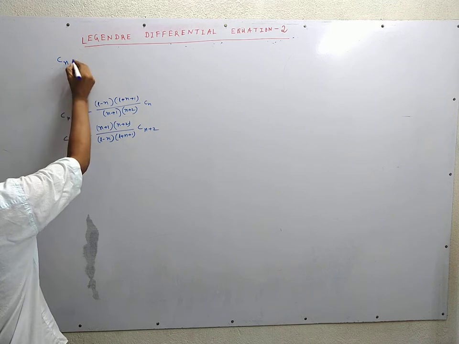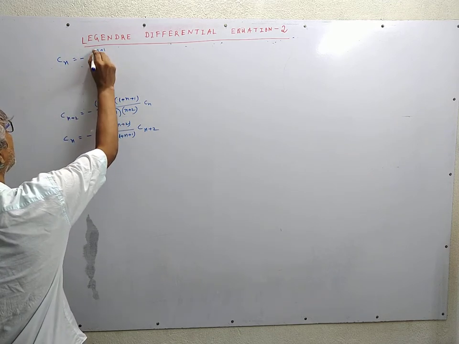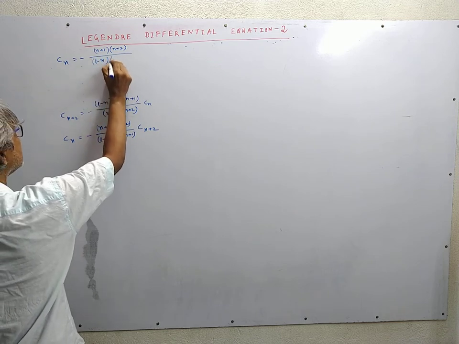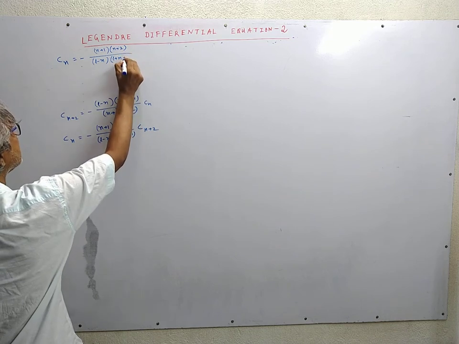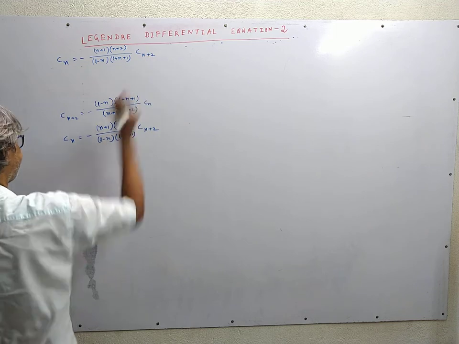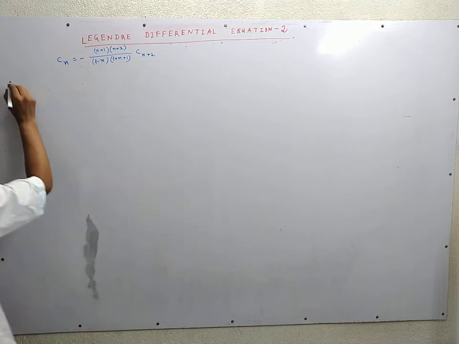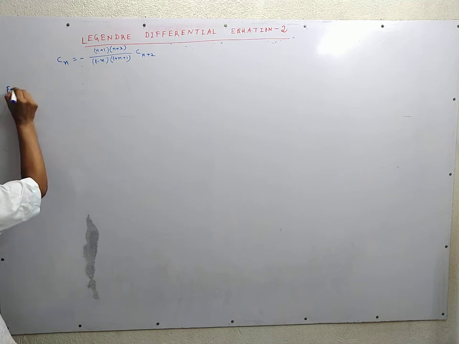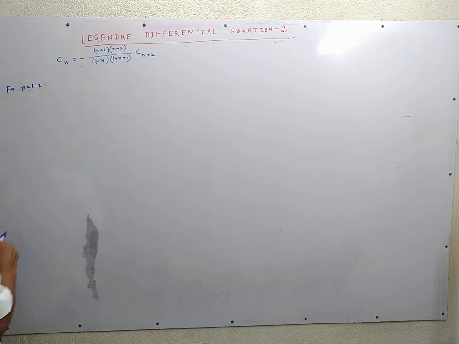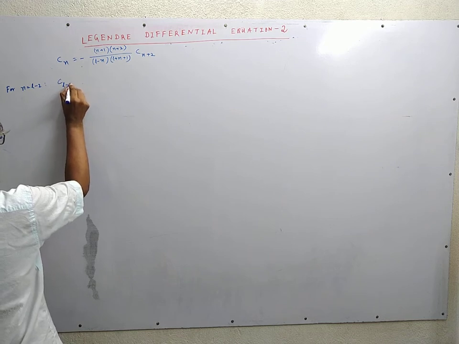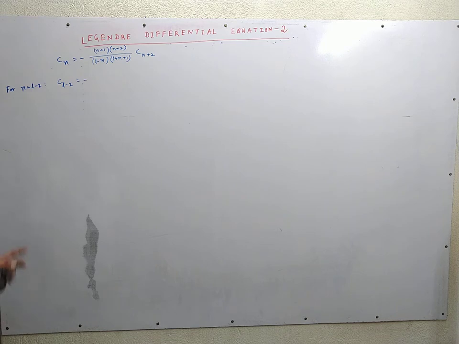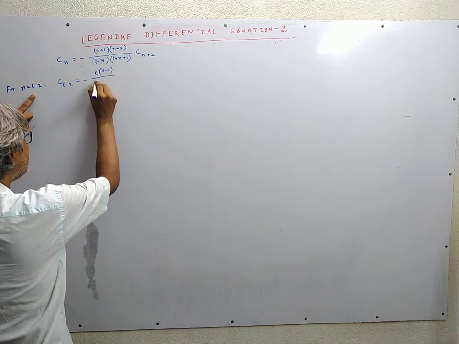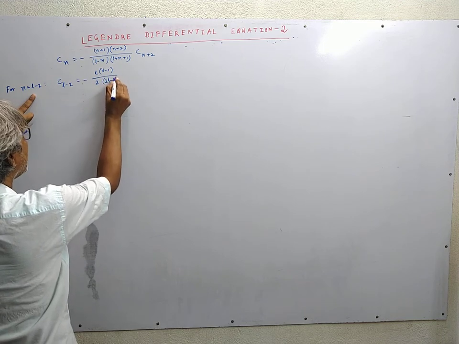So, we first rewrite this, we put n is equal to L minus 2, and what we will have is C of L minus 2 is equal to minus L into L minus 1, the numerator factor, it is 2, then this is 2L minus 1 CL.